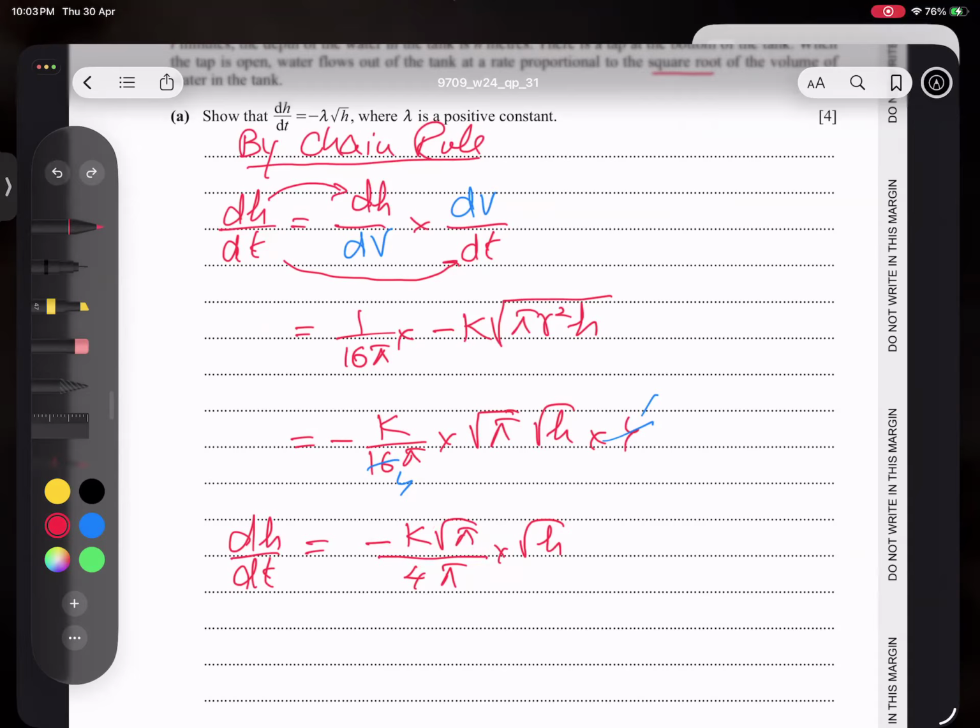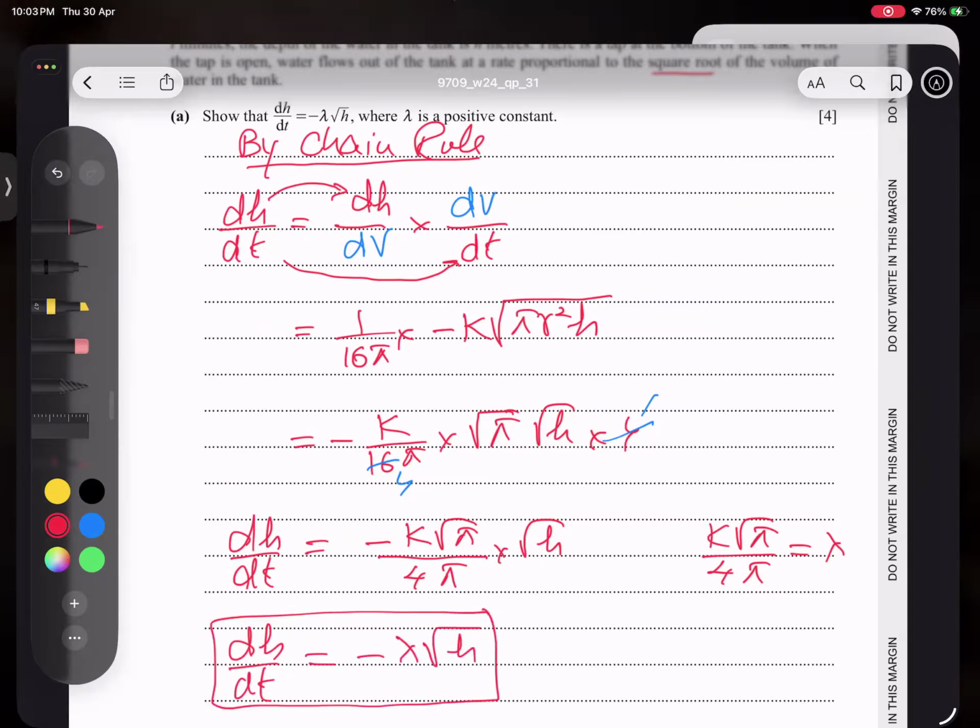So both are acceptable, and I'm writing there k times 2 root pi over 4 pi is equal to lambda. So if I keep lambda, so dh by dt is equal to negative lambda times 2 root h. I hope the point is very clear, students, and we have proved. And lambda is a positive constant.